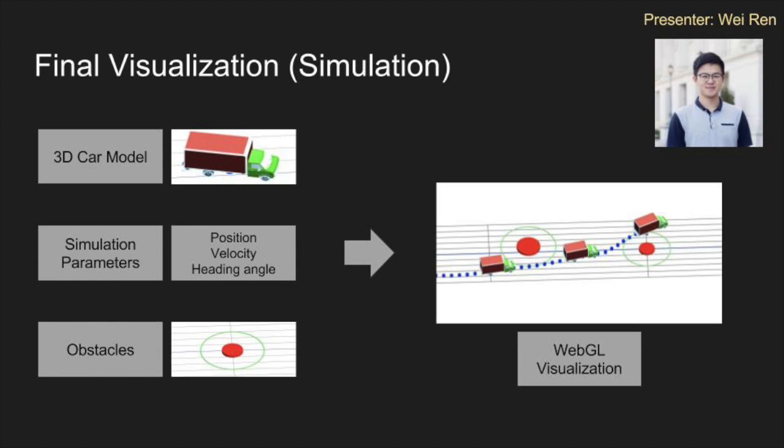Finally, we built a 3D visualization application based on WebGL to research the results of the MPC simulation. A truck 3D model was introduced in this application. Several obstacles were introduced in the application as red circles. The green circles around the obstacles mean the safety area.